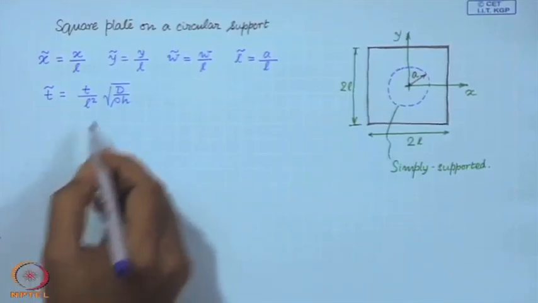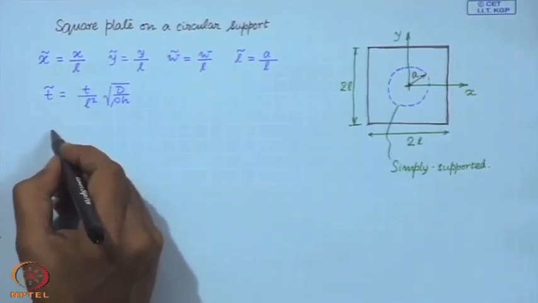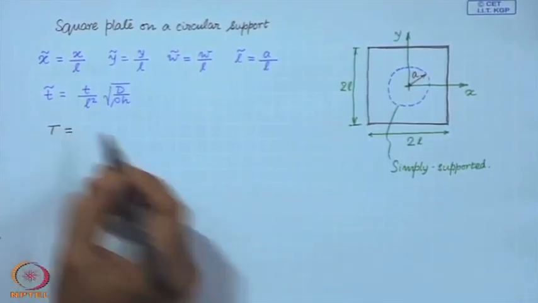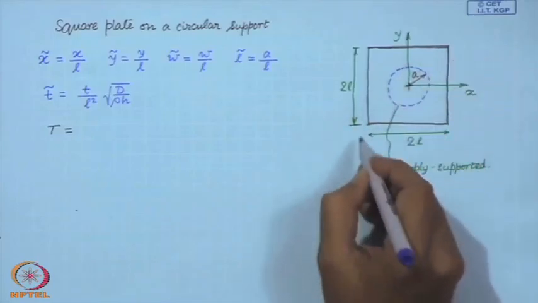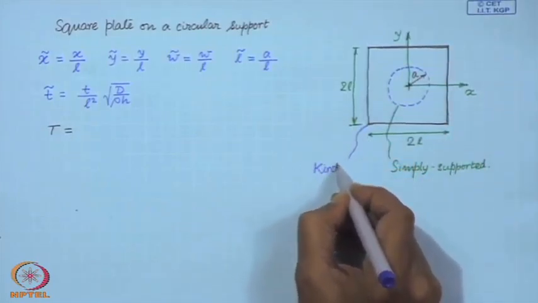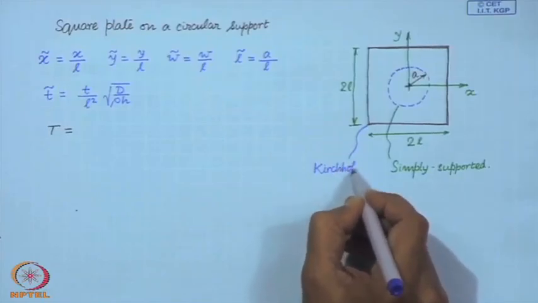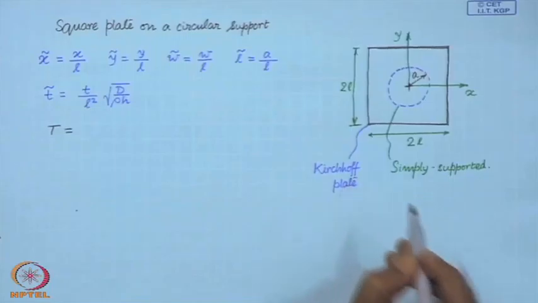Now, with this non-dimensionalization scheme, the kinetic energy, if we consider an Euler-Bernoulli plate, the Kirchhoff plate. So, we will consider a Kirchhoff plate.